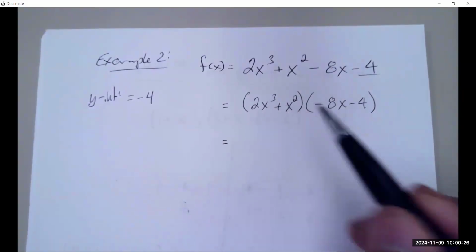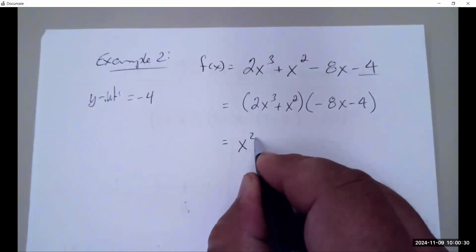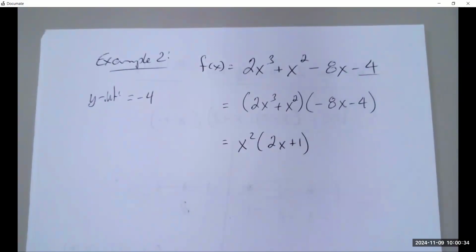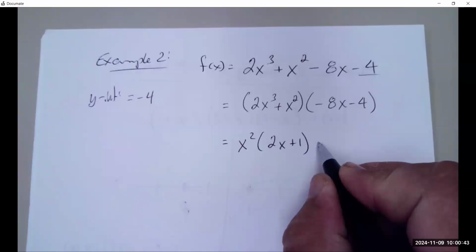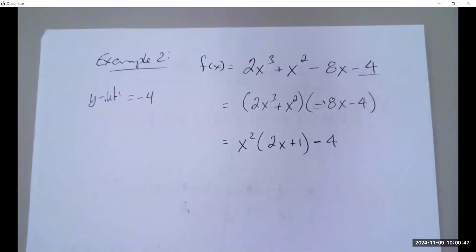What can I factor out of the first one? x squared. So I have 2x plus 1. What can I factor out of the second? You have to take out the negative 4.